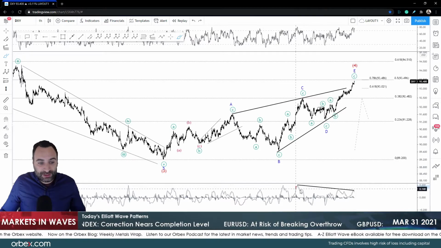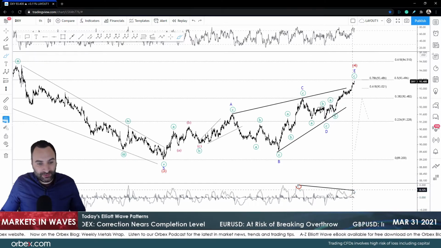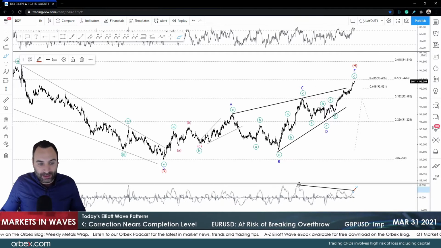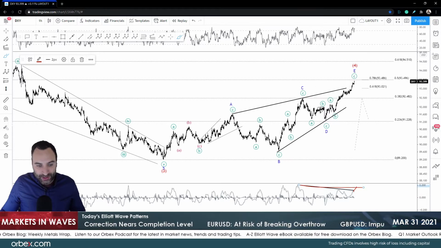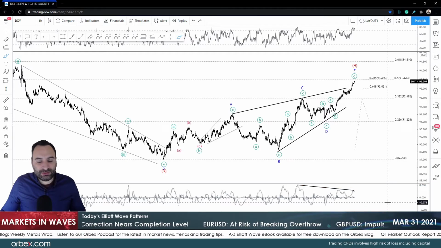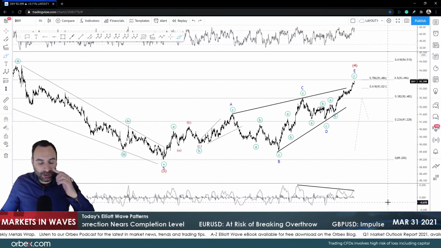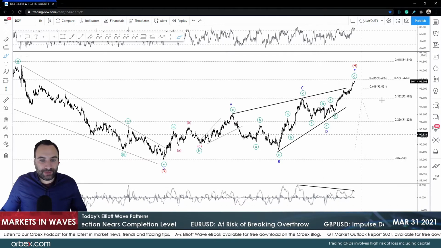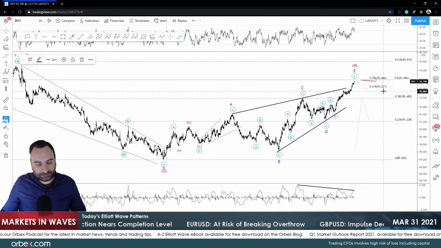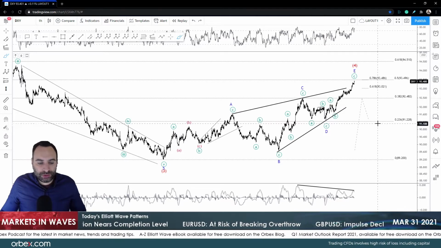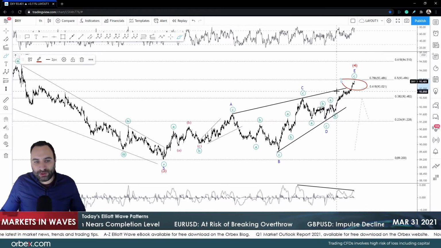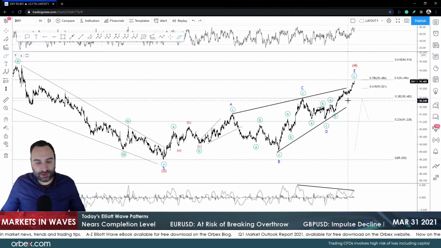We do have a very nice signal here on the MACD that I've been tracking for a while now. We could get a break of this as well. Still, the relationship is not going to break. I'm just going to have to draw a different angle for this particular trend line. Now, as you well know, in case we extend above that level, I would probably assume that an overthrown wave is a bit too much to be overthrown.